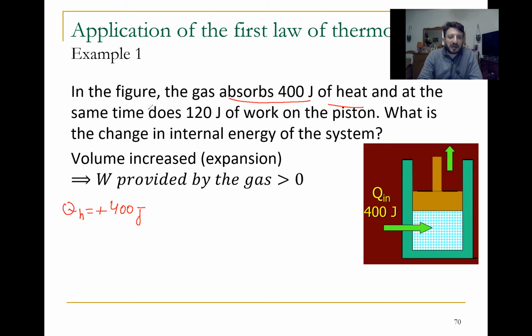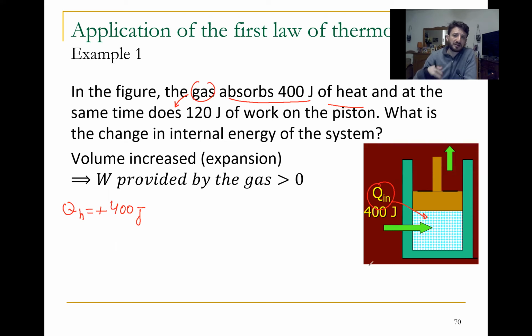And at the same time, the gas does 120 joule of work on the piston. When I say the gas does this quantity of work, it is the energy done by the gas. Look here, when we have Q applied to the gas, I add this quantity.